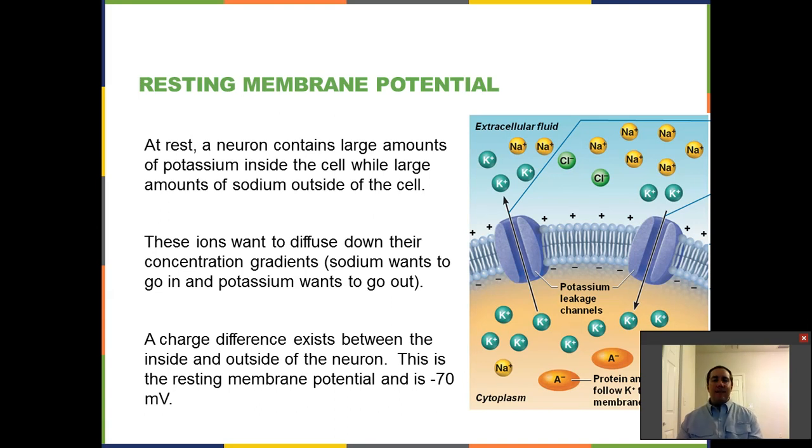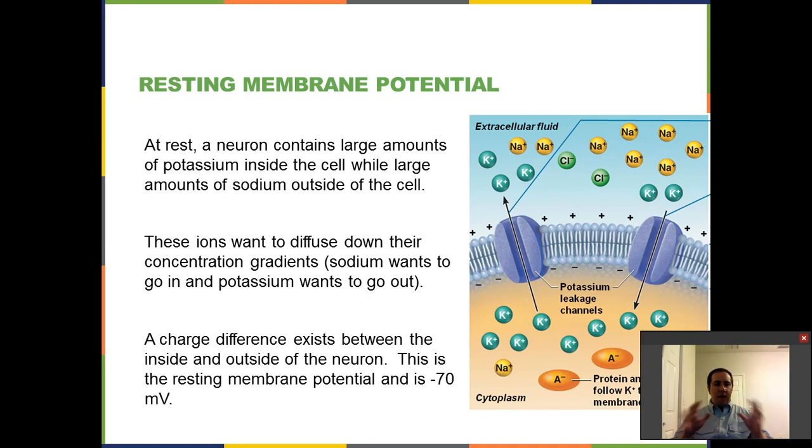When a neuron is not sending a signal, this charge is negative 70 millivolts. That is an important number to remember. The resting membrane potential of a neuron is negative 70 millivolts. Now that is not a lot of electricity, but we have multiple neurons. And so once you add them all together, we are actually talking about a fair amount of electricity.